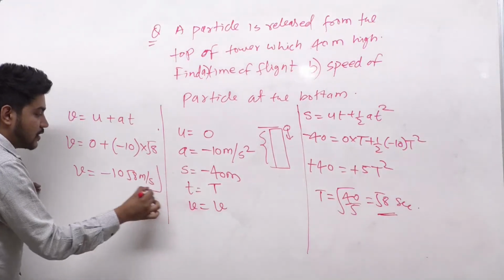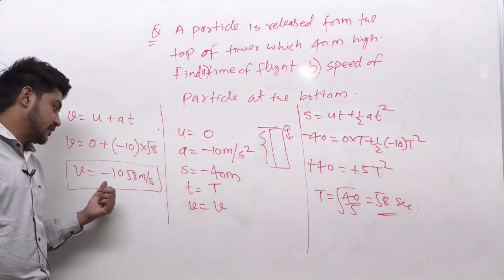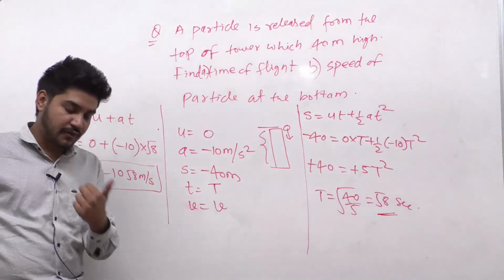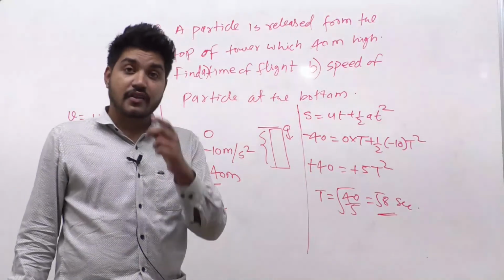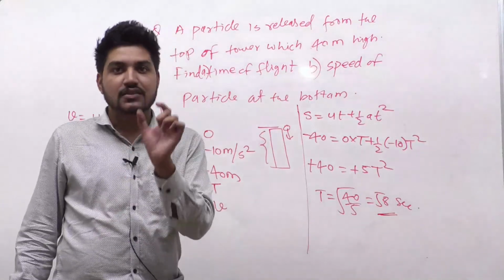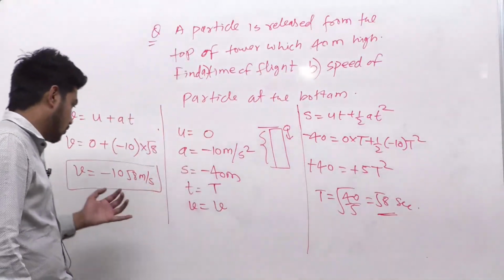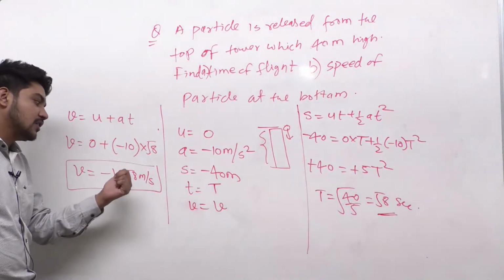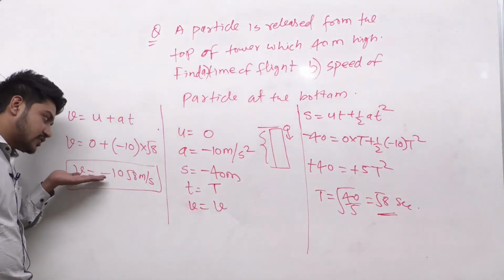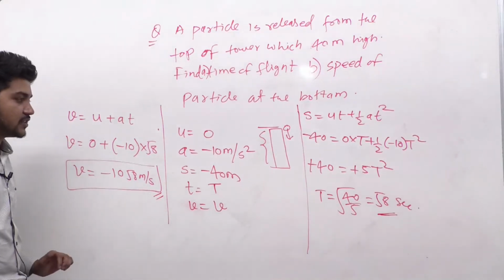Minus means the direction is negative, the direction is opposite, so the particle is going in downward direction with this speed. These are the answers.